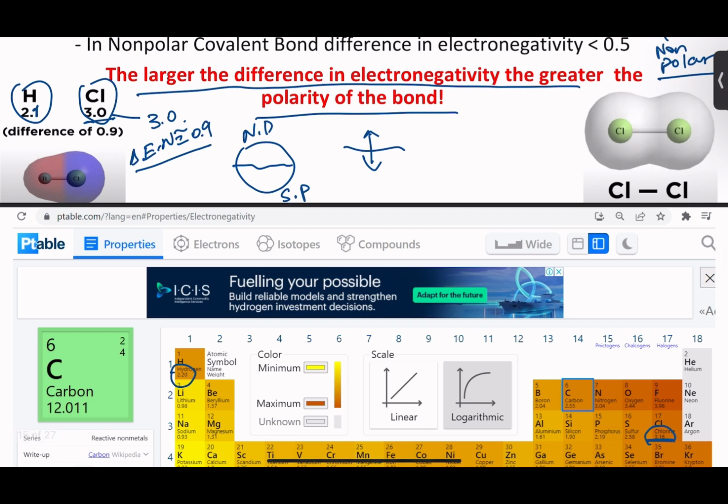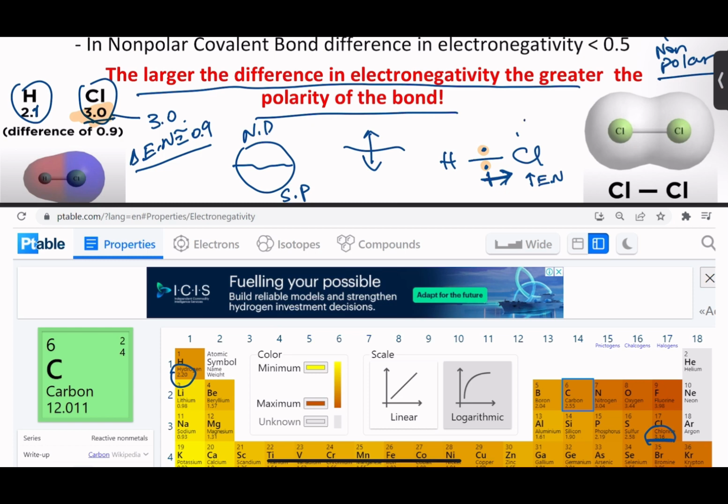So you have hydrogen and chlorine made a bond, right? You have chlorine, which is more electronegative. You see, we have higher electronegativity, which means that the two electrons they are sharing are going closer to chlorine, because chlorine is more electronegative.